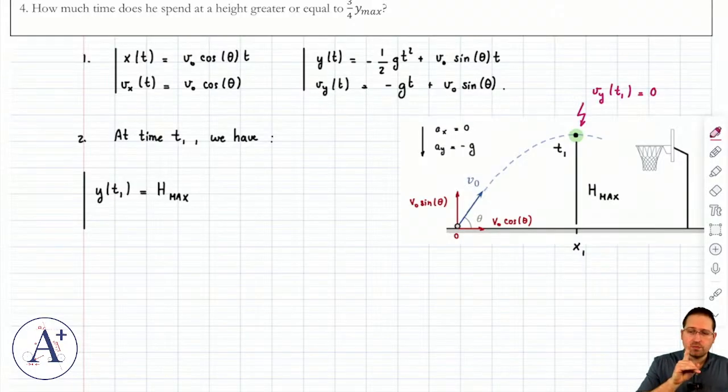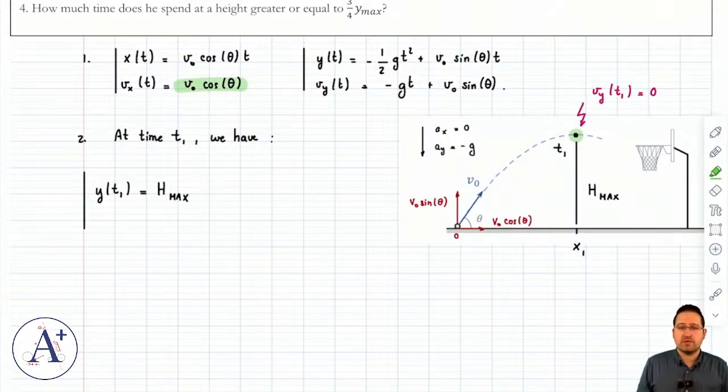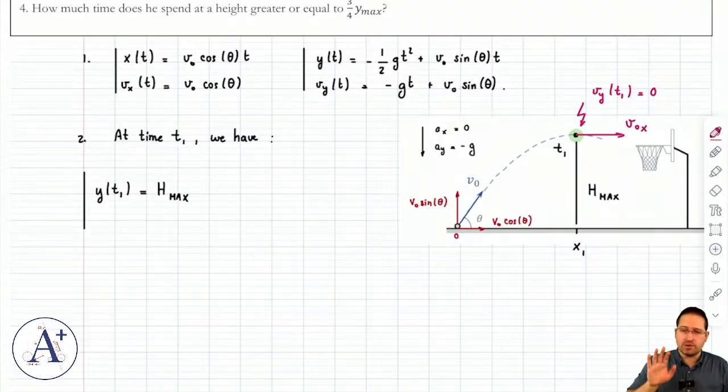However, only along the y direction. You continue to move forward, right? By the way, you can try to cancel the velocity along x. You can't, because it's just always equal to v naught cosine theta. Because that's the initial velocity, there's no acceleration, so it never changes. Okay, so just to be clear, at the max height, you are moving forward with a velocity v naught x.